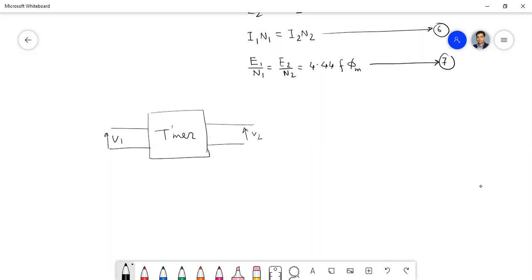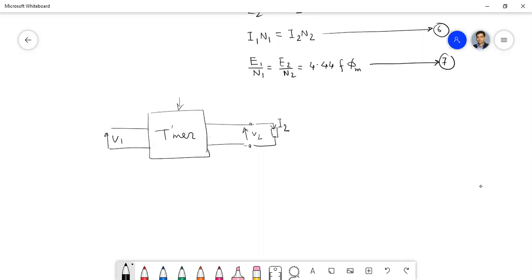And why is this transformer required? To cater some load, I2. Now this I2 is not decided by the transformer. How much current will flow is completely determined by the user itself. A power utility will not decide how much current will be drawn by a consumer.